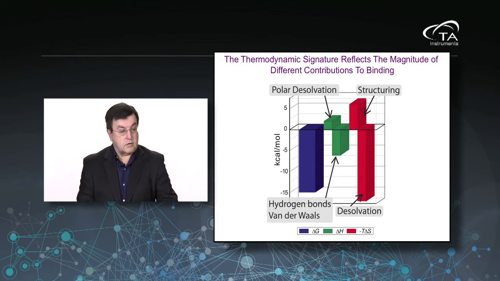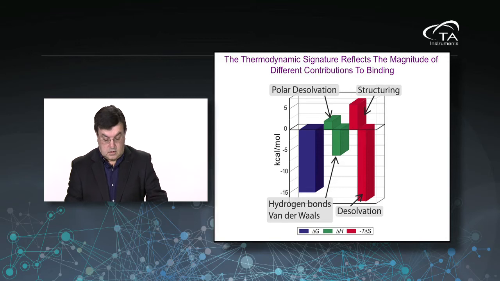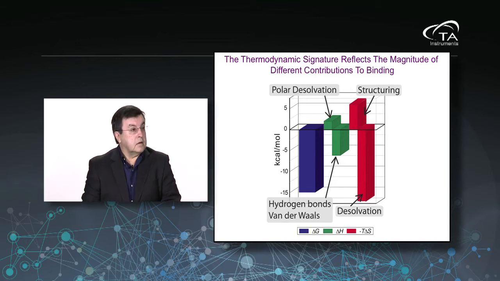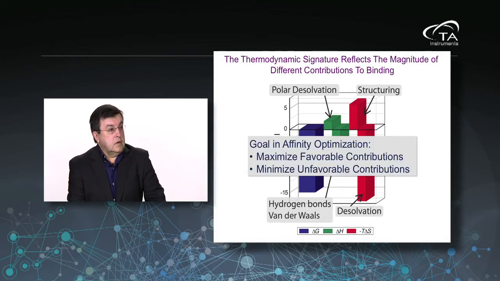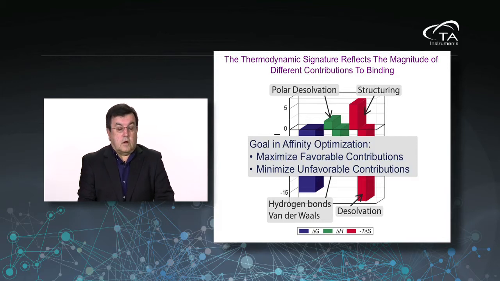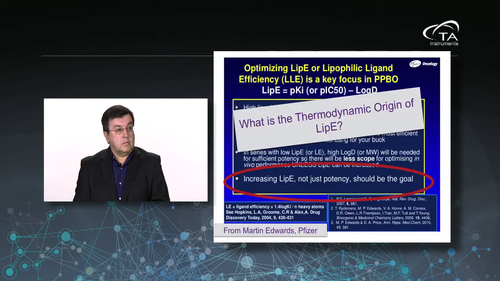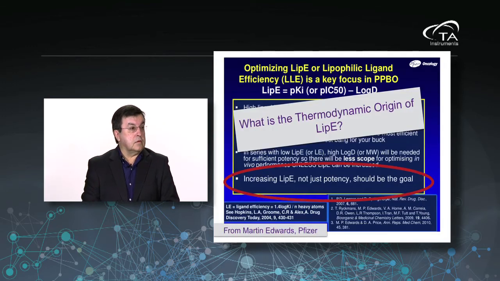Obviously, if the structuring is due to the protein, that's a different story. So it's obvious that in order to maximize the affinity, we need to maximize favorable contributions and minimize unfavorable contributions.